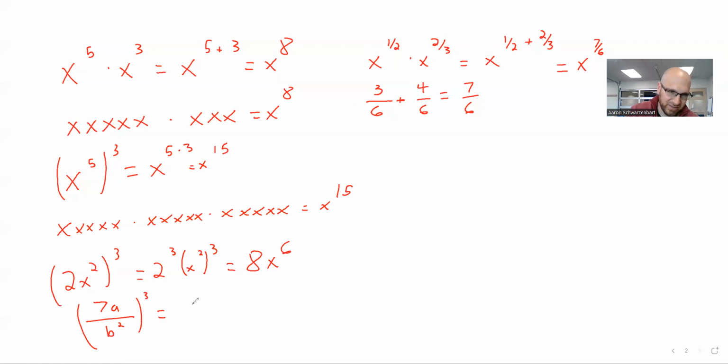Again, I apply this to everything. 7 cubed is 343. I would expect you to use a calculator for that. And then I'm cubing all the parts. Again, multiplying the exponents there in the denominator. X to the 5th over x squared. I subtract.